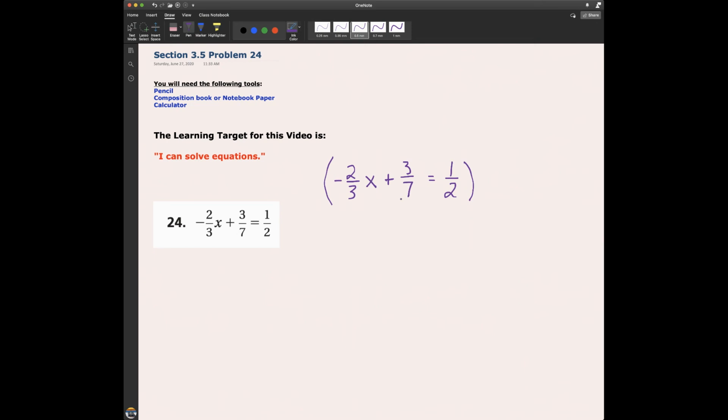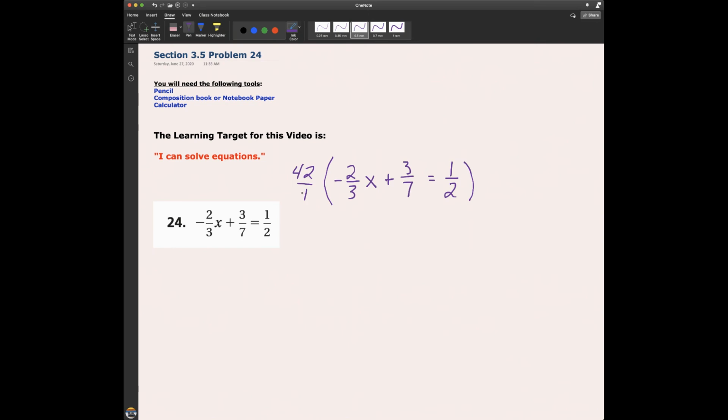Because I take 3 times 7, I get 21. 21 times 2 is 42. And that is the least common denominator. So I'm going to multiply by 42. And so you're going to see that this is going to help these fractions go away.